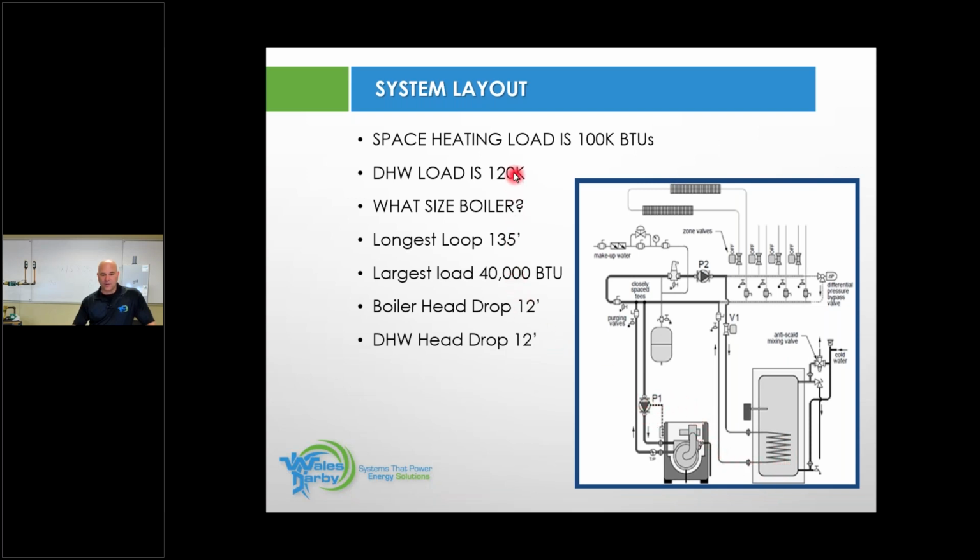So you're going to pick your boiler size, whatever it is. You're going to size P1 and you're going to size P2. Those are the two answers we are looking for. Circulator size for P1 and P2. And let's just simplify this. Everybody's going to pick 120,000 BTU boiler.